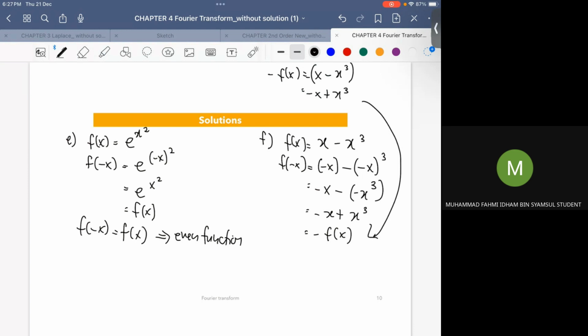And this one and this one are equal. So this is equal to negative f(x). So this is even, sorry, this is odd function.